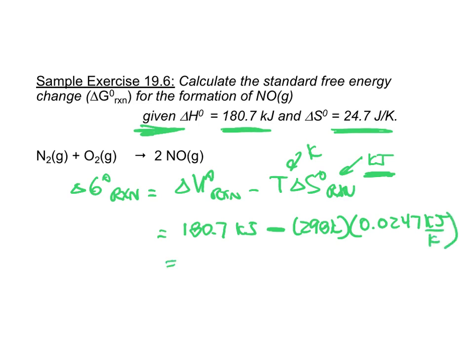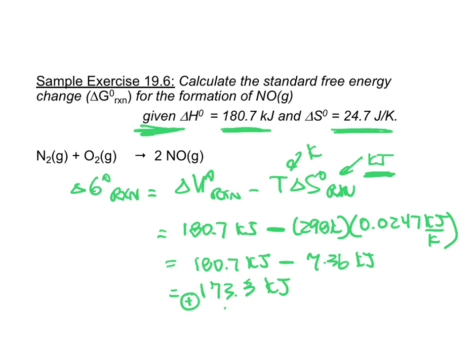And when I crunch my numbers out, I would get 180.7 kilojoules minus a tiny number, 7.36 kilojoules, giving me a delta G of reaction of 173.3 kilojoules. Now this is a positive number.